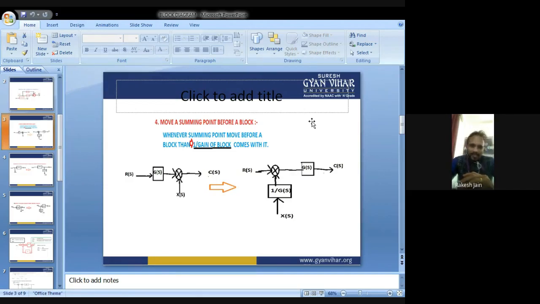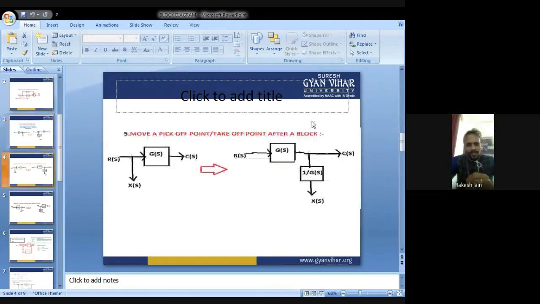Here R(s) is the input and C(s) is the output. With the summing junction there is gain value X(s) and block gain is G(s). If we wish to move that summing junction before the block, what will happen? The gain of that block, which was G(s), now comes in reciprocal, such that 1 upon G(s) comes with that summing junction.